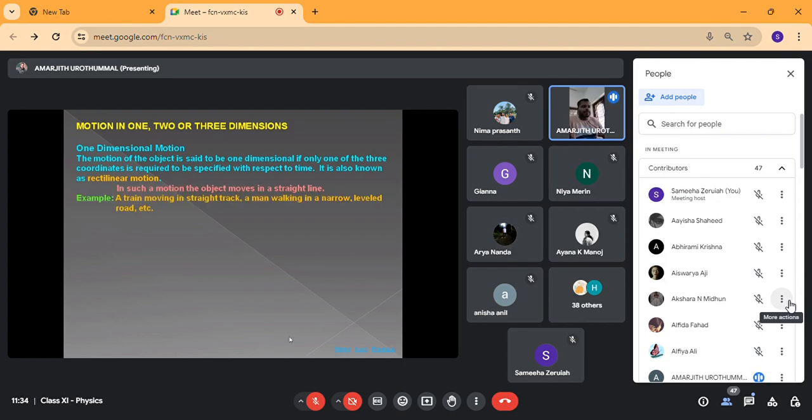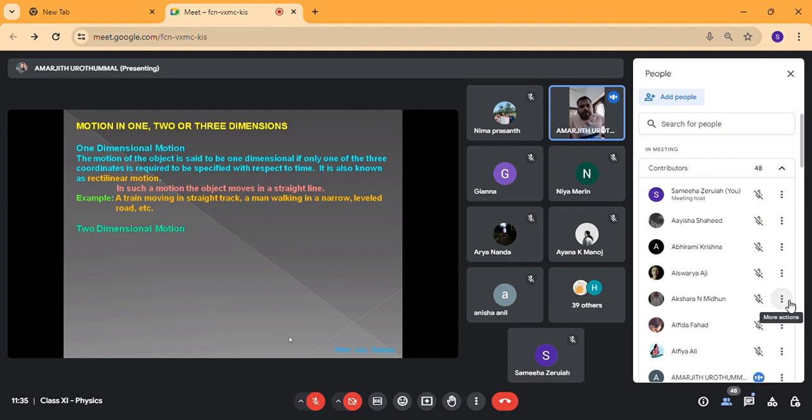What about motion of light? One-dimensional motion. Correct. It is motion along a straight line. If we speak in terms of coordinates, we have 3 coordinates. What are they? X, Y, and Z. Among these 3, if only one coordinate is changing, it is one-dimensional motion.